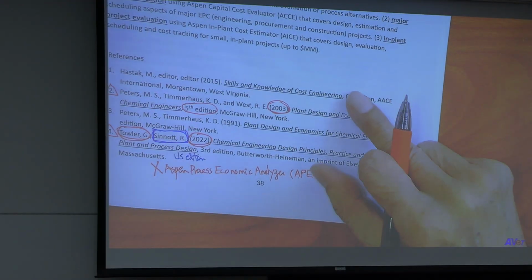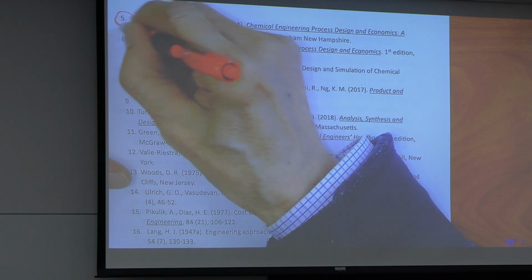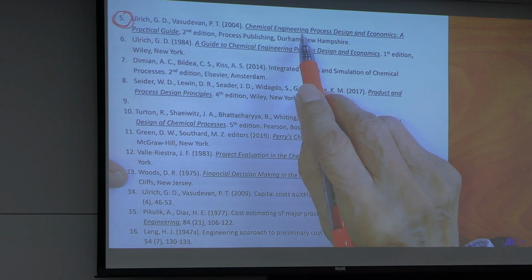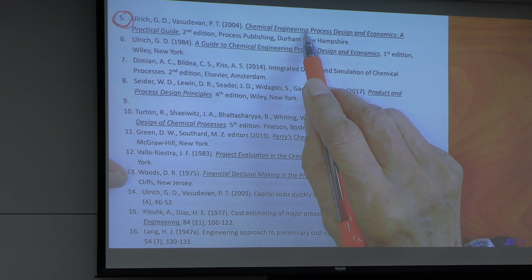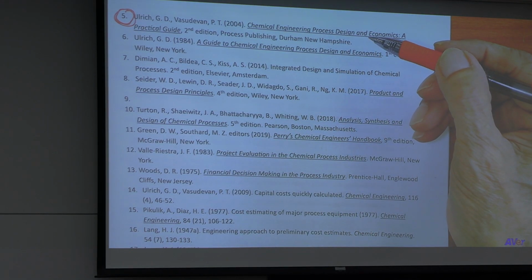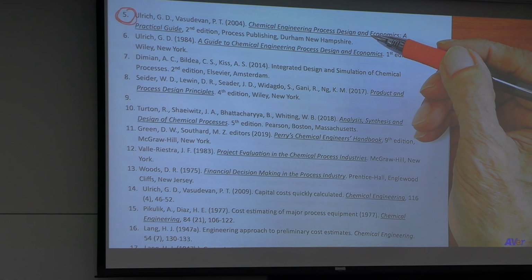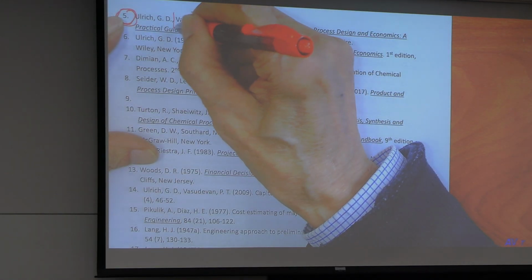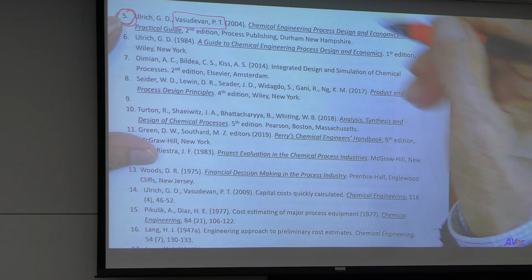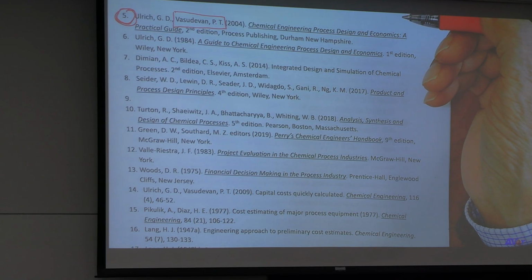Now, look at page 39. Reference 5. This is a great book. No longer in print, but you want to buy a copy, I might just pay Professor P.T. Vasudevan, pay you some shipping costs.